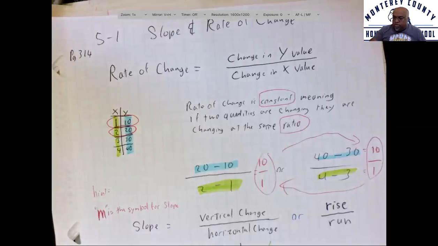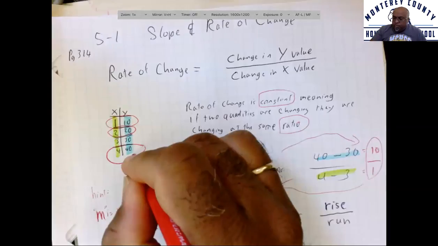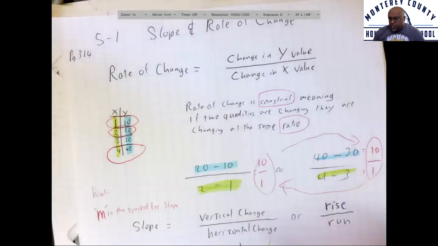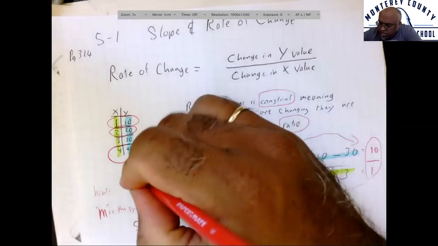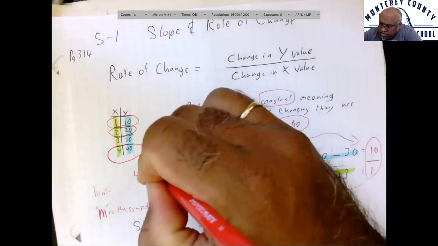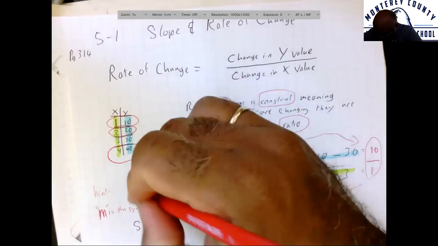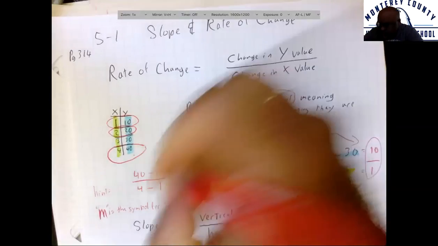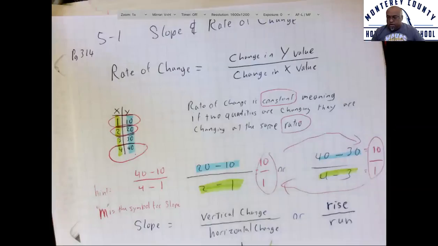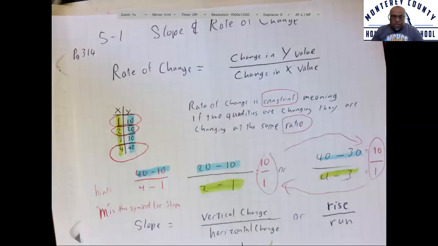Well, what if I took 4 and 40 and then 1 and 10? I'm just going to pick random numbers here. So I have 40 minus 10, and I have 4 minus 1. Now I'm going to color code them to show these are my y values and these are my x values.